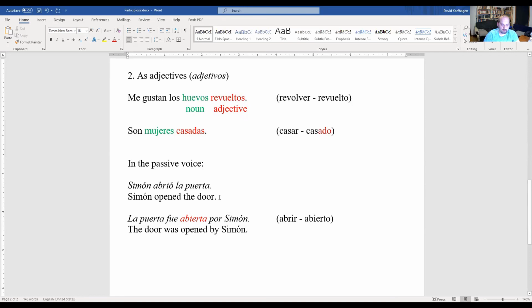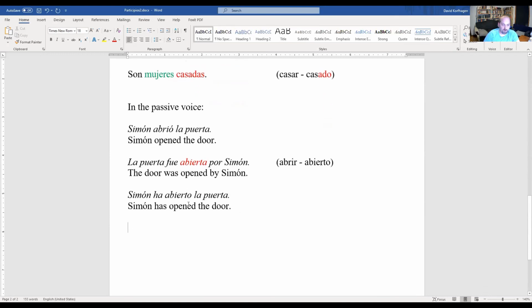Let's give another parallel, similar example to make that point. Simón, instead of abrió la puerta, let's say Simón ha abierto la puerta. That's going to be Simón has opened the door. Here, because it's after haber, it's just going to stay masculine singular, that form, even though we've got a feminine thing here.